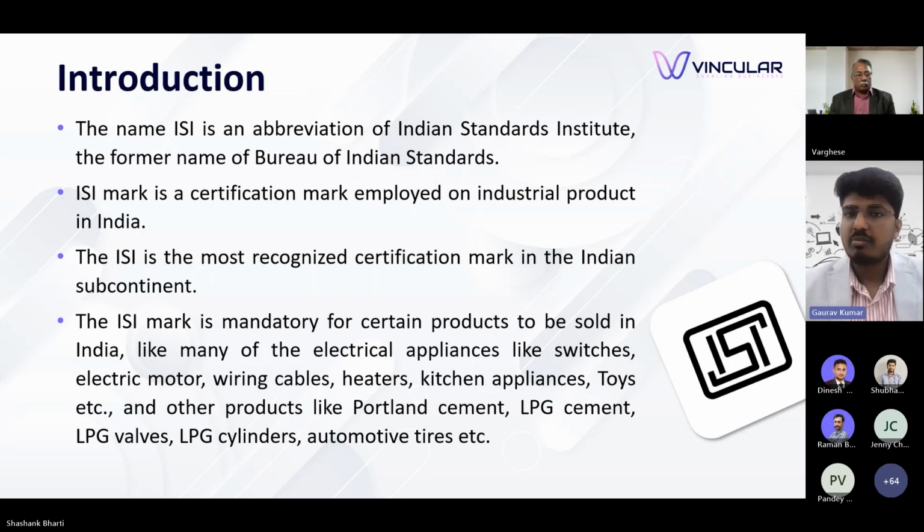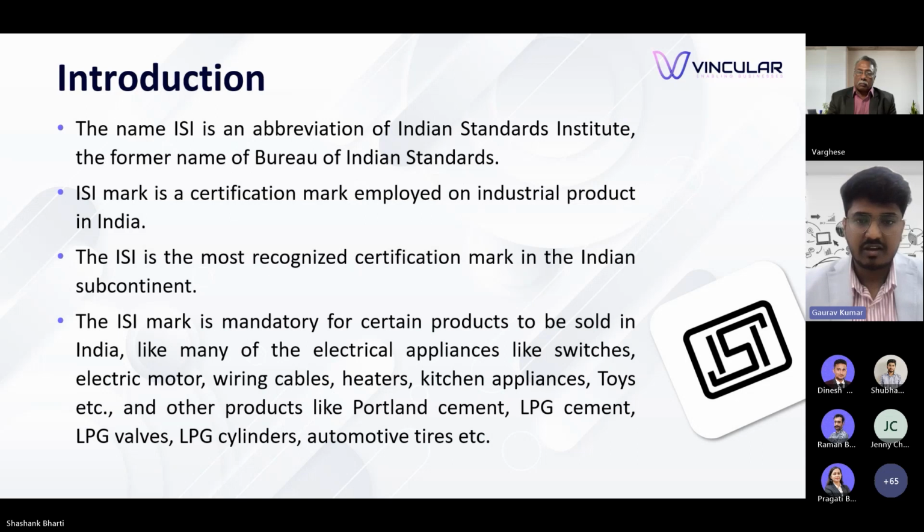Whenever we go and buy any product, we always check, okay, this is ISI marked, so it will definitely be safe. And as our fellow panelist, Mr. Varghese, has already told you, the intent behind these quality control orders is to regulate products under the mandatory regime. So we have a few hundred products under the mandatory regime.